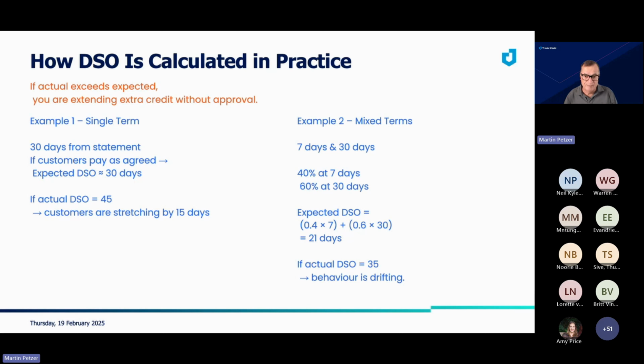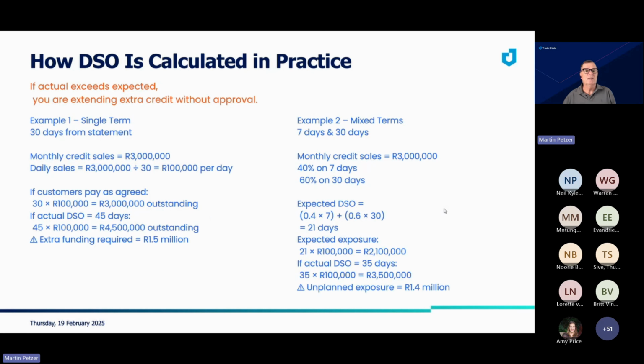You are creating problems for yourself because you're expecting money to come in at a certain stage, but it only shows overdue on your client's statement at a different point in time. You understand what I'm saying? And remember, these guys are geared to pay according to what they have on paper, not what you tell them. The agreement that they have. So make sure that the two correlate with one another.